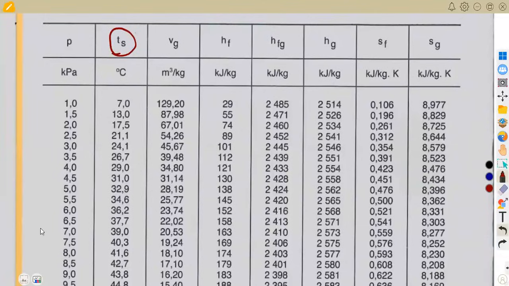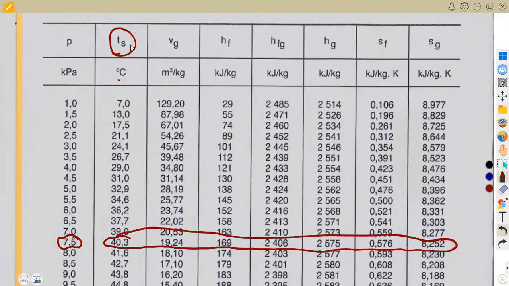If you are given pressure, you're going to use pressure. If it was pressure, they were going to give us 7.5 kilopascal, but here they gave us this temperature. So under this temperature of 40.3, we want the equivalent value that corresponds to HF, which is our H1 in this case.